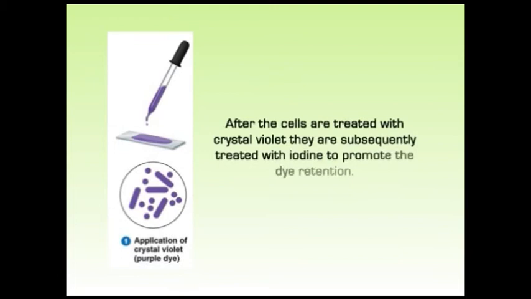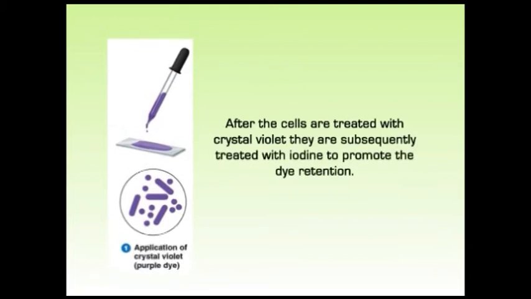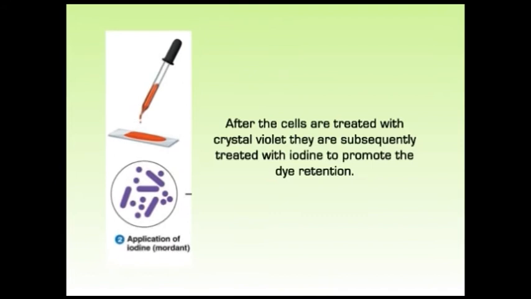Gram staining is based primarily on the ability of the bacterial cell wall to retain the crystal violet dye. The cell wall of gram-positive organisms has a higher peptidoglycan and lower lipid content than gram-negative organisms. After the cells are treated with crystal violet, they are treated with iodine to promote dye retention.